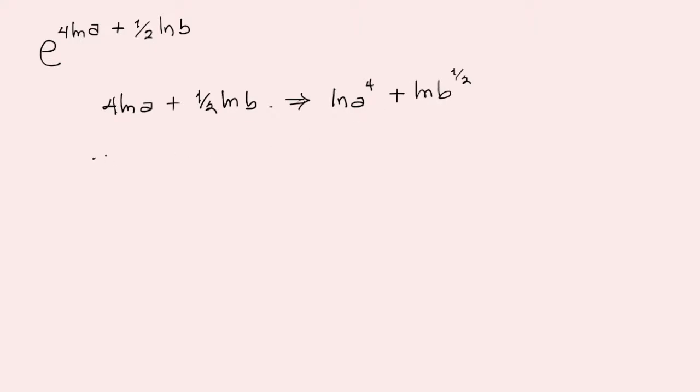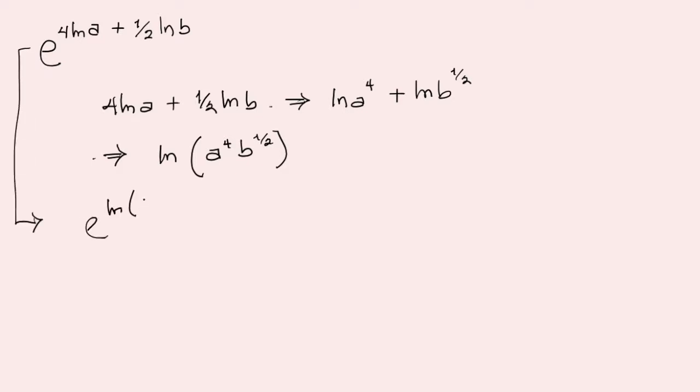And we can contract this such that we have ln of a raised to the power 4 times b raised to the power half. Now if we replace this entire power with this, it becomes e to the power of ln of a raised to the power 4 times b raised to the power half. And because we know that these can cancel out, our final answer is going to be a raised to the power 4 times b raised to the power half.